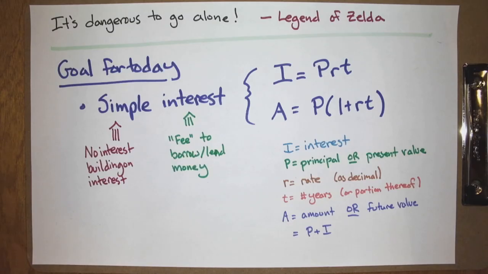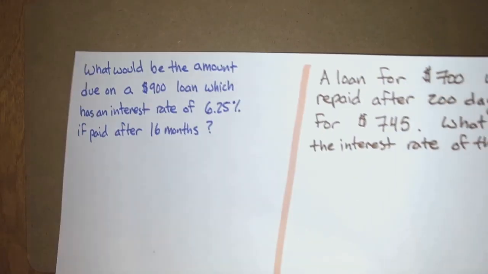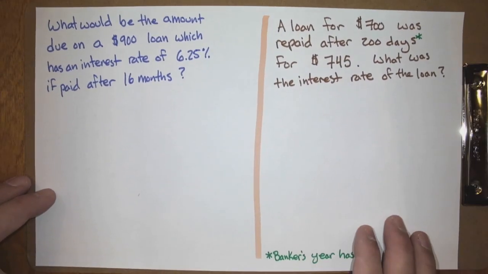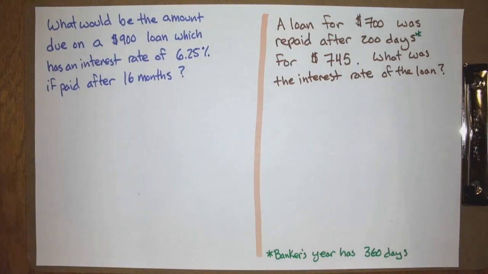Okay. Well, let's try these out. So we'll start with the one on the left. What would be the amount due on a $900 loan, which has an interest rate of 6.25%?